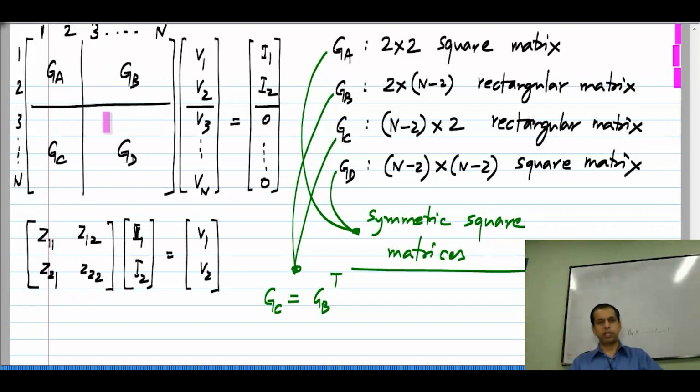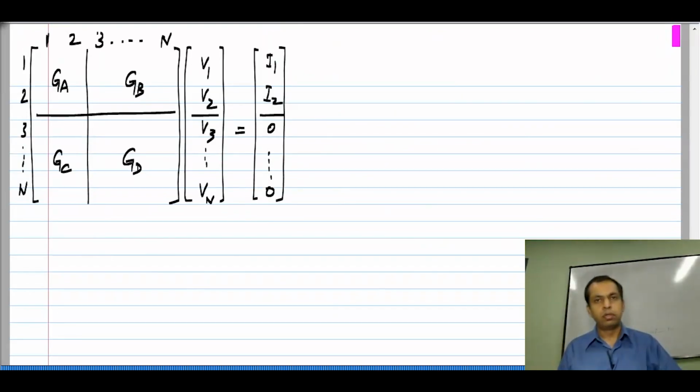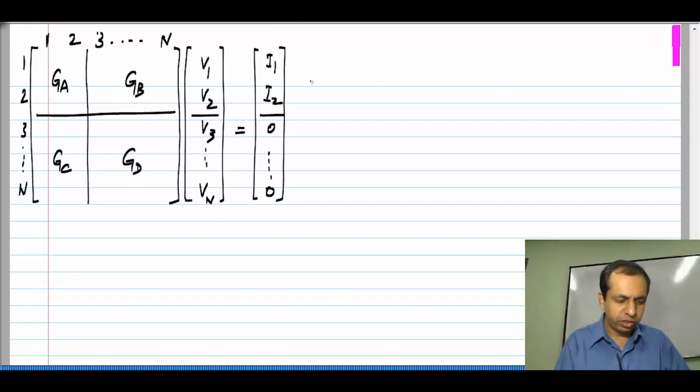So, with this we can go ahead and try and come up with a relationship of this type involving only two variables V 1 and V 2. Okay. What I will do now is to split up this one with two different variable vectors. Okay, you will see what I mean.